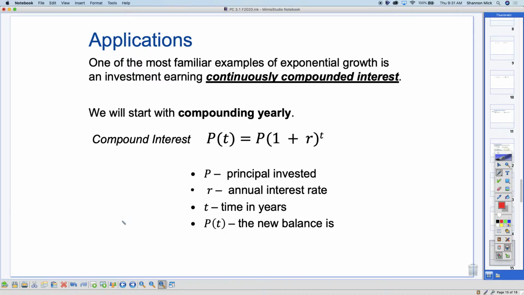One of the most familiar examples of exponential growth is investing, earning continuously compound interest, or compound interest being yearly. This is a basic equation that you might use in personal finance. So when you look at this, P of T stands for the new amount, the principal after time.